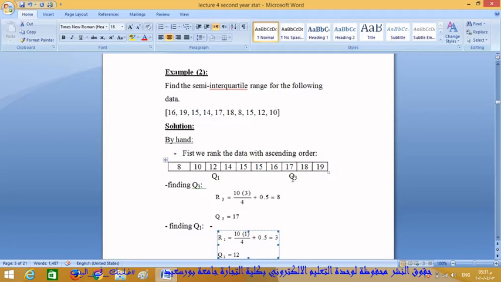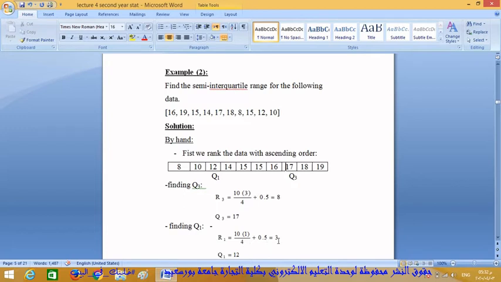Okay, so you have to differentiate between the value of a measure of position and the rank of this position. The rank of Q3 is 8, but the value is 17. In the same way, Q1 equals 10 multiplied by 1 divided by 4 plus 1/2.